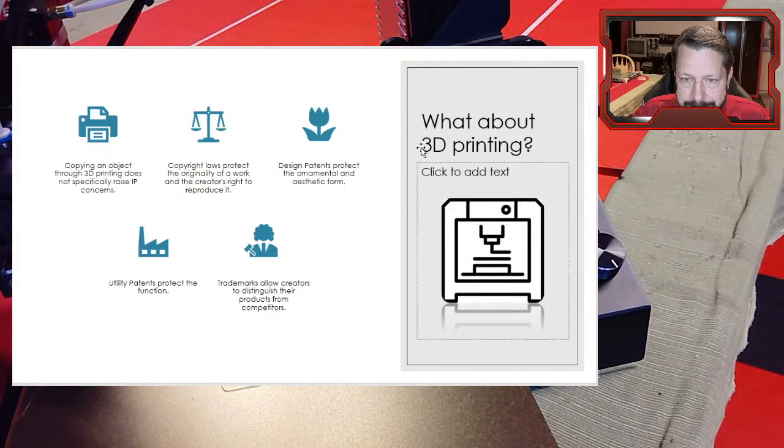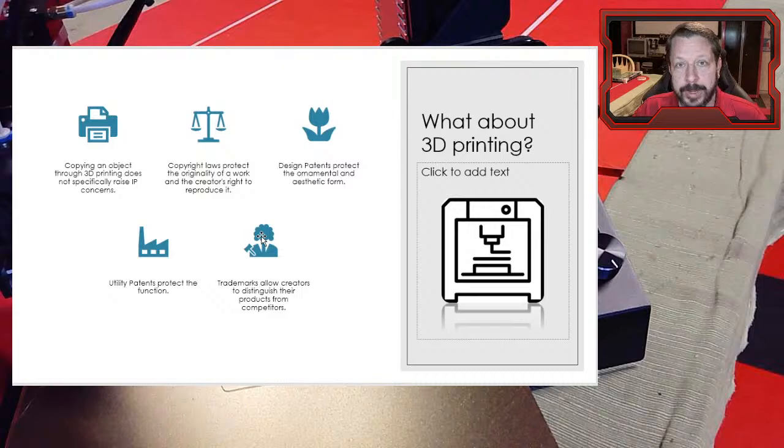But 3D printing is kind of different because I could create a file that looks just like another thing. I could scan it. There are some laser scanners that are very accurate. I could scan a part or a statue or whatever, and create my own CAD file from it. So I'm not stealing the industry CAD file.